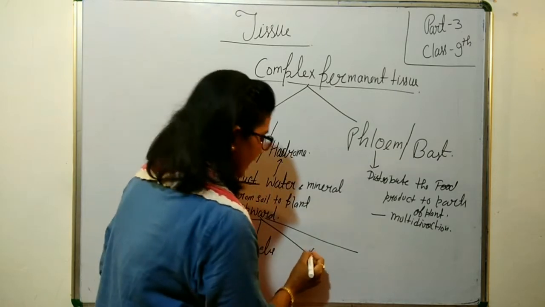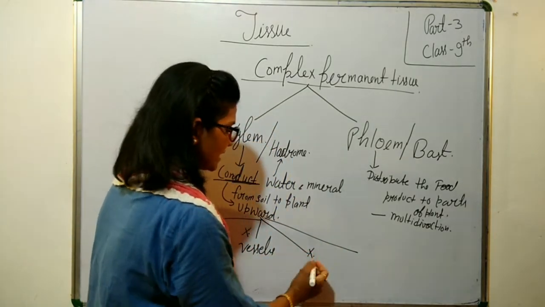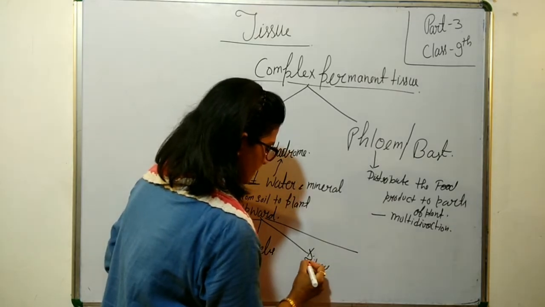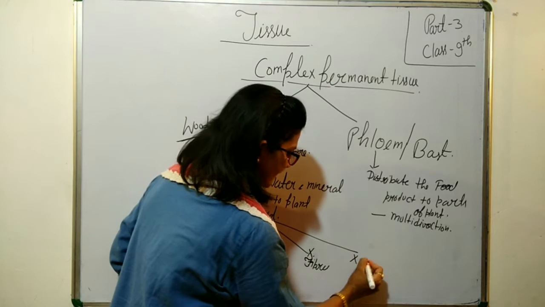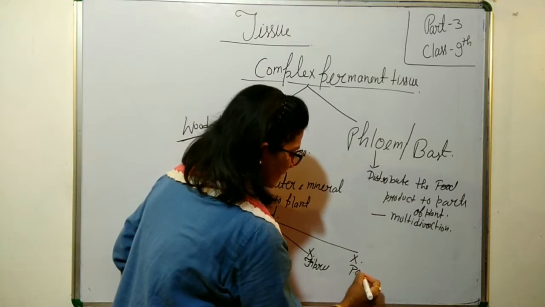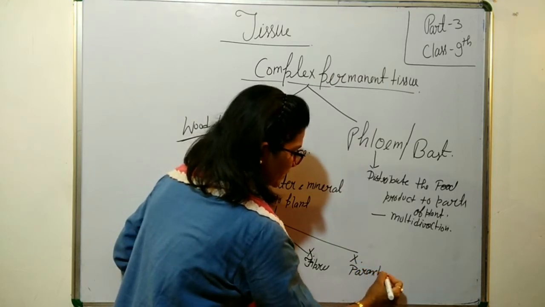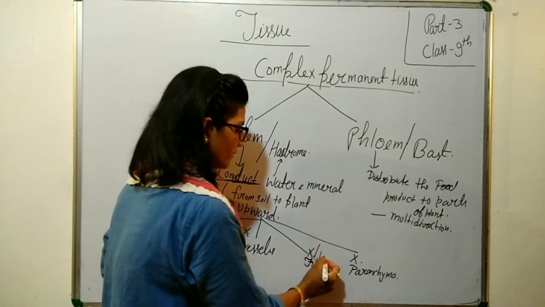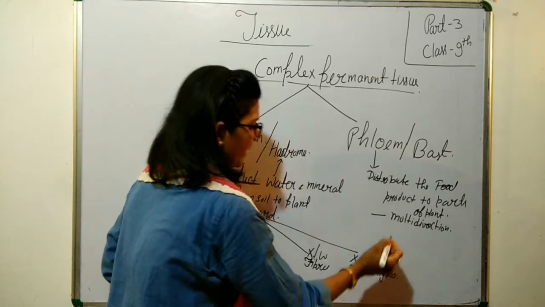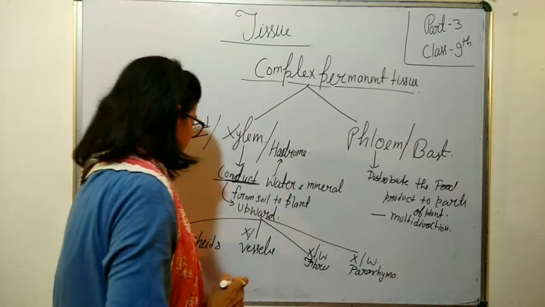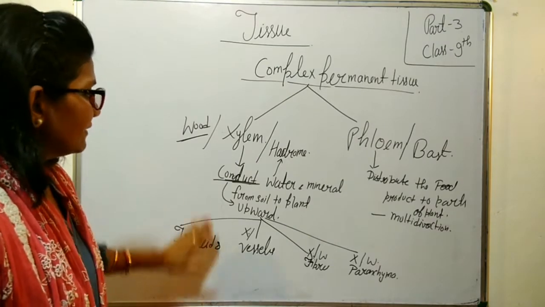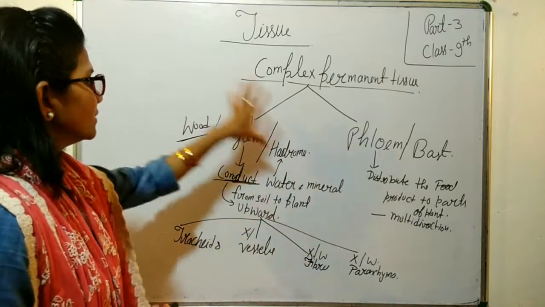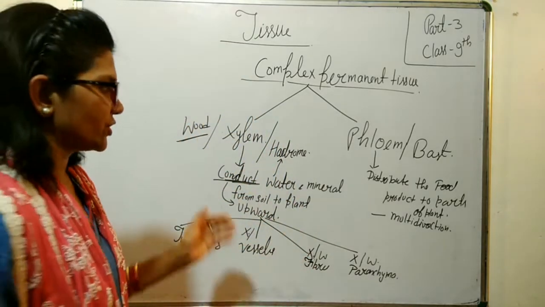Then it is xylem fibers, and the next is xylem parenchyma. One more important thing, we also call the wood fiber or the wood parenchyma as the wood vessels. So let's deal with every part of the xylem complex permanent tissue.